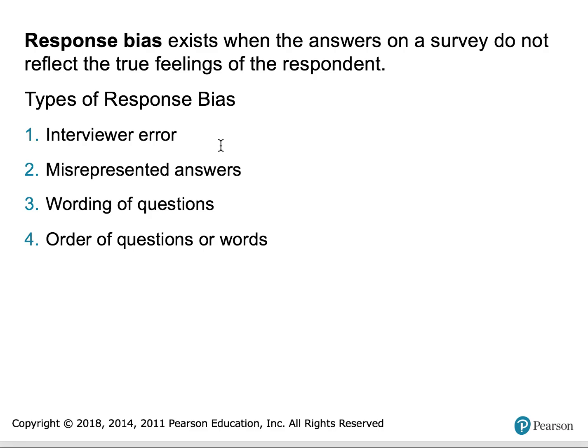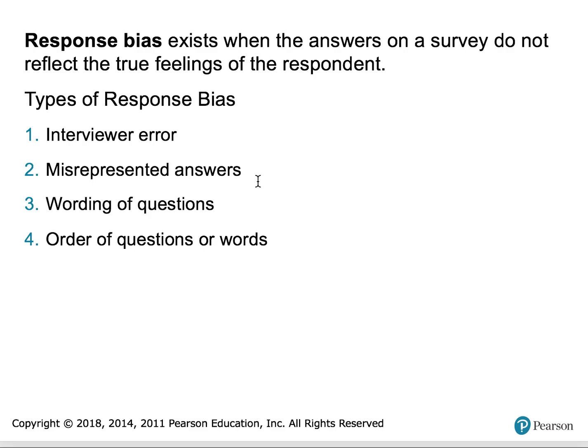A skilled interviewer can elicit responses from individuals and make the interviewee feel comfortable enough to give truthful responses. For example, a good interviewer could get an honest answer to a question like, have you ever cheated on a test?